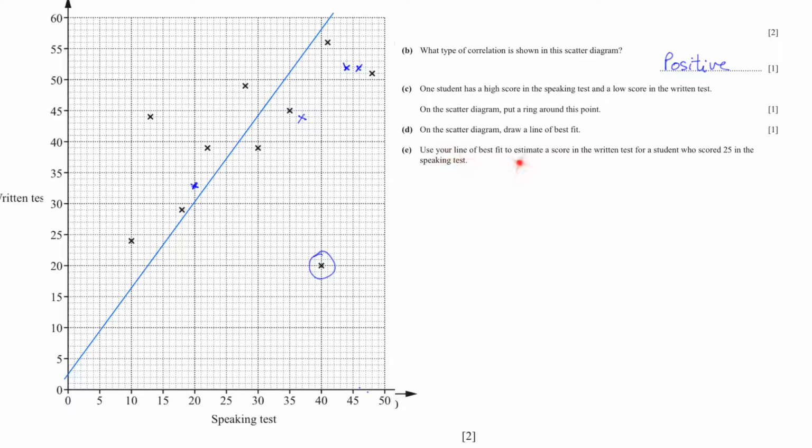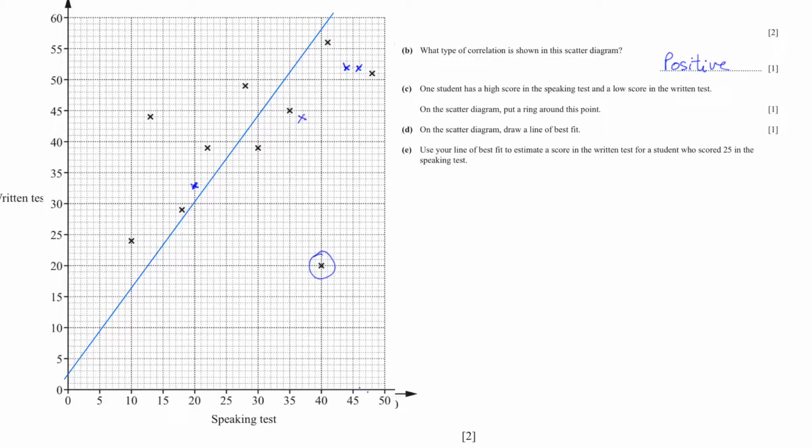E. Use your line of best fit to estimate a score in the written test for a student who scored 25 in the speaking test. So speaking test is here, 25, go up, and what do you get? 37.